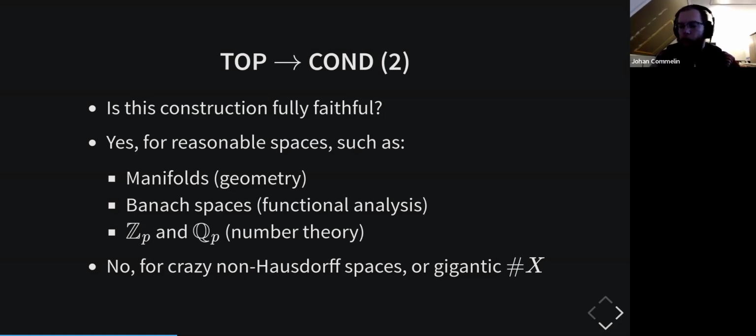Well, we could also use something like a locale or some sort of set with the specialization order to model that. Anyway, maybe we don't care too much. What I want to say is those are not the spaces that we would want to consider as condensed sets anyway.